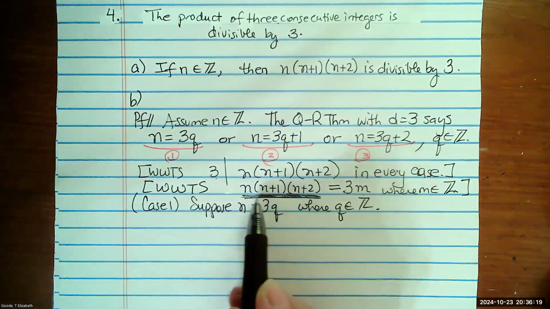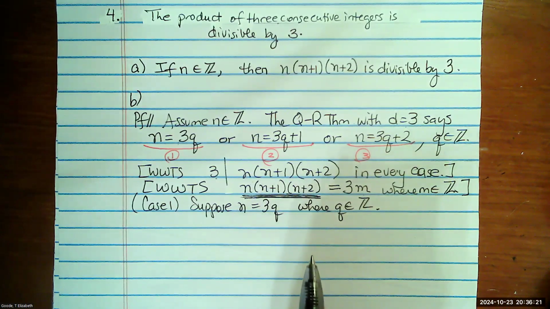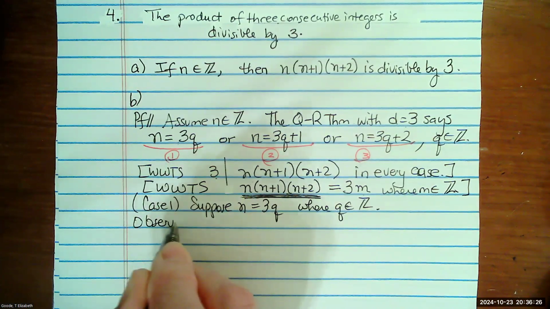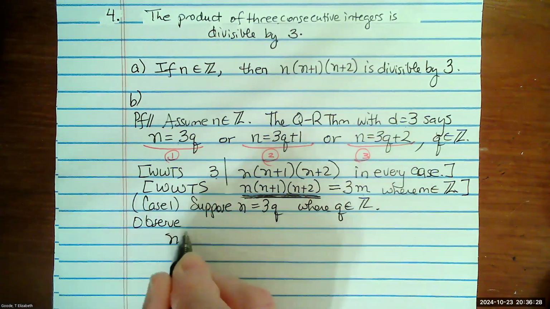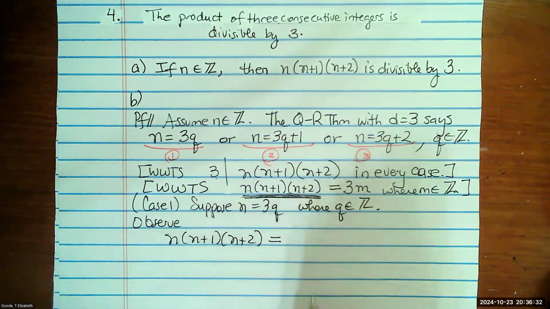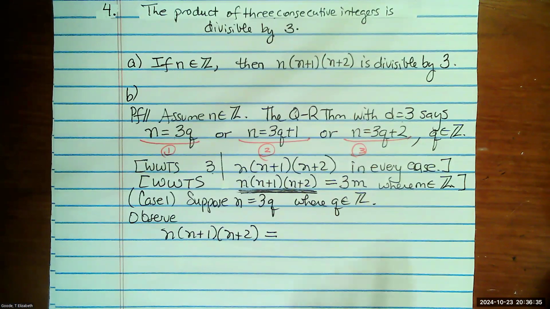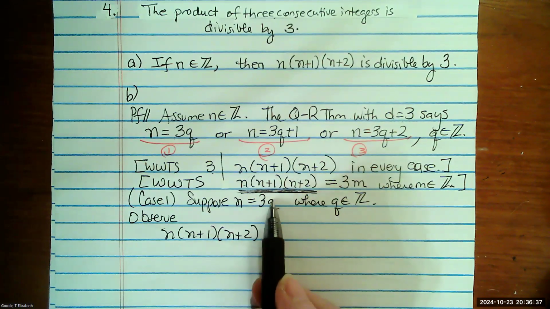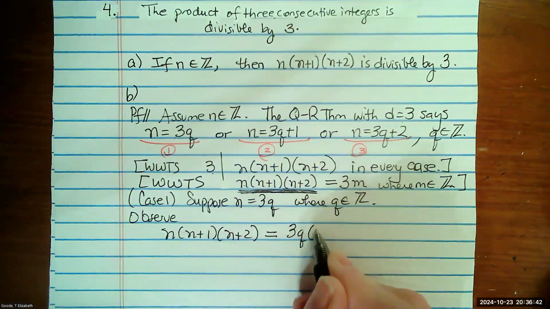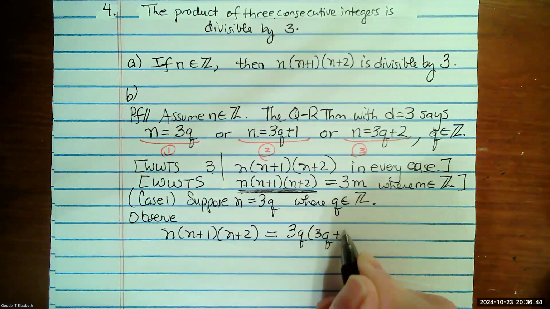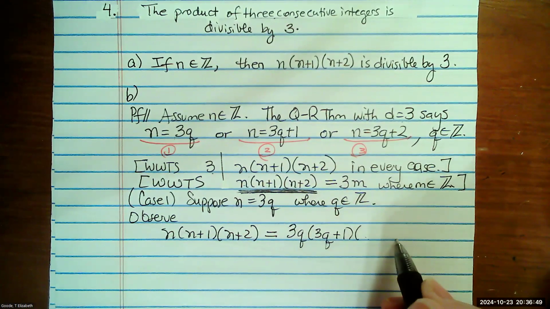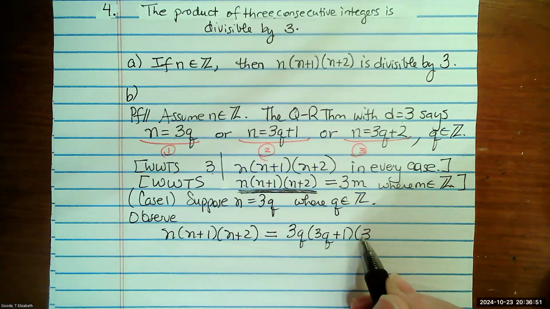So let's observe. We're going to look at n times n plus 1 times n plus 2. This case isn't so bad. n is 3q, so we stick in 3q there for n, and then 3q plus 1, and 3q plus 2.